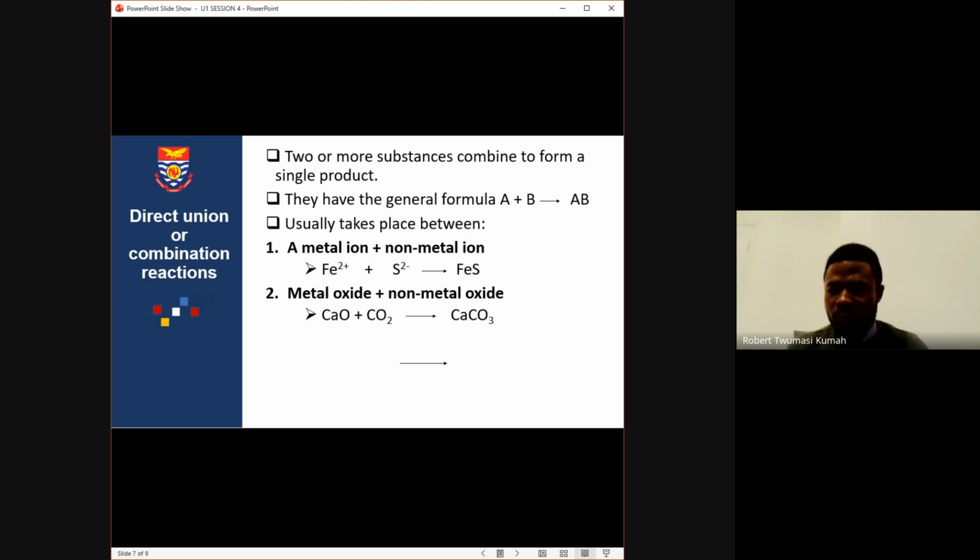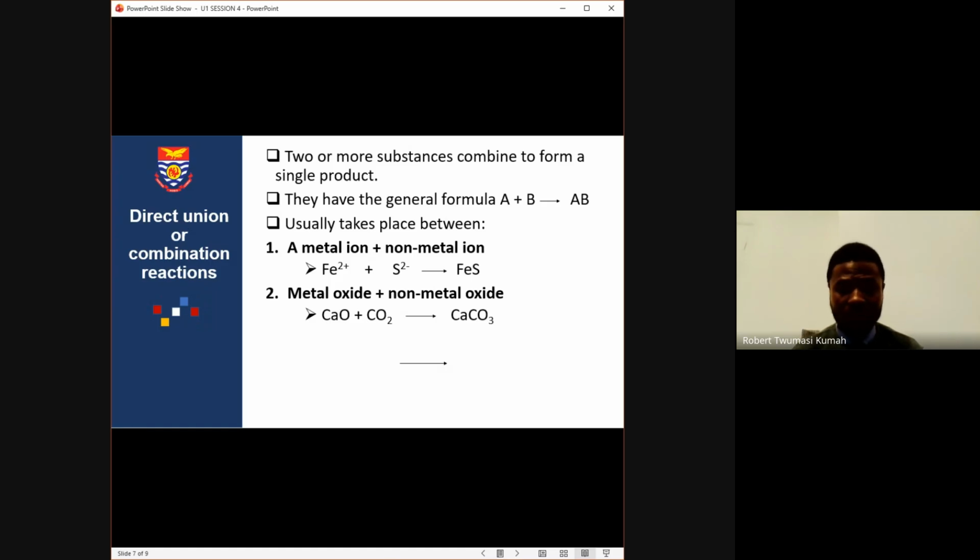In fact, if you don't know the type of reaction you are dealing with, it will be very difficult for you to even write a product. Let's assume you don't know the type of reaction here. Then you are going to ask, which one is going to combine with which? Is it calcium? How many products am I going to form? Is it calcium, carbon, oxygen 3, or whatever?